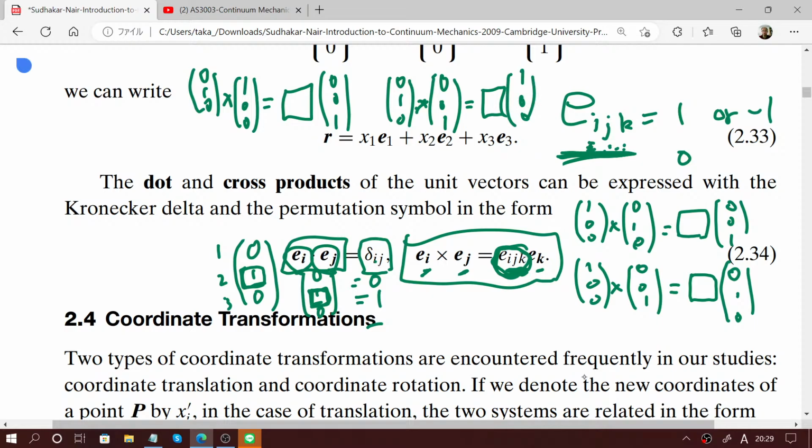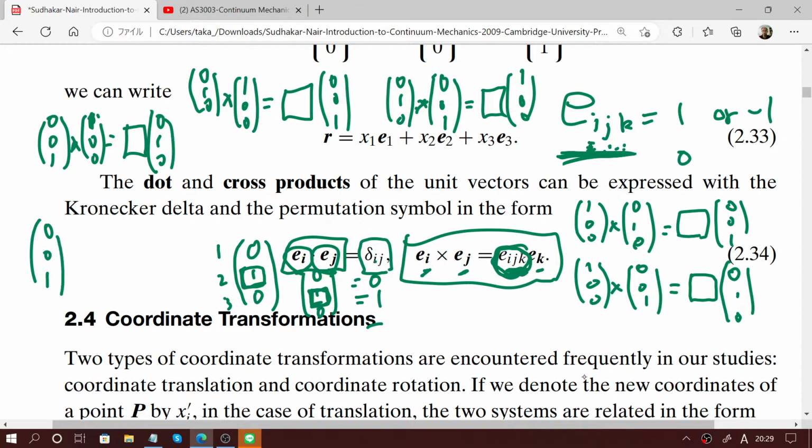And you can also come up with 0, 0, 1 times 1, 0, 0. This goes to something multiplied by 0, 1, 0. Then the last, 0, 0, 1 multiplied by 0, 1, 0, goes like something multiplied by 1, 0, 0.